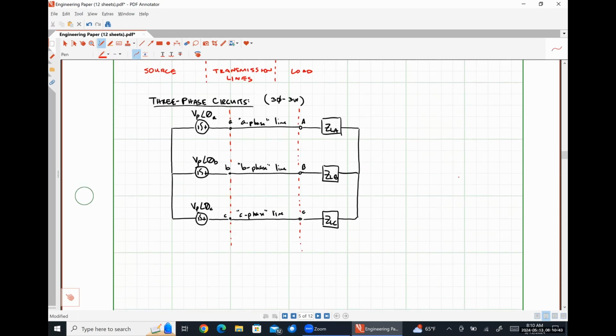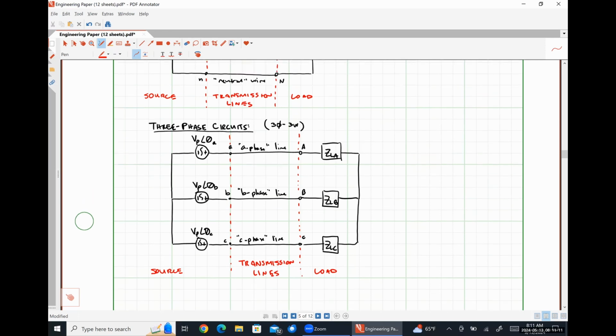So we've got our source over here, our load over here, and once again in the middle, our transmission lines. All right.